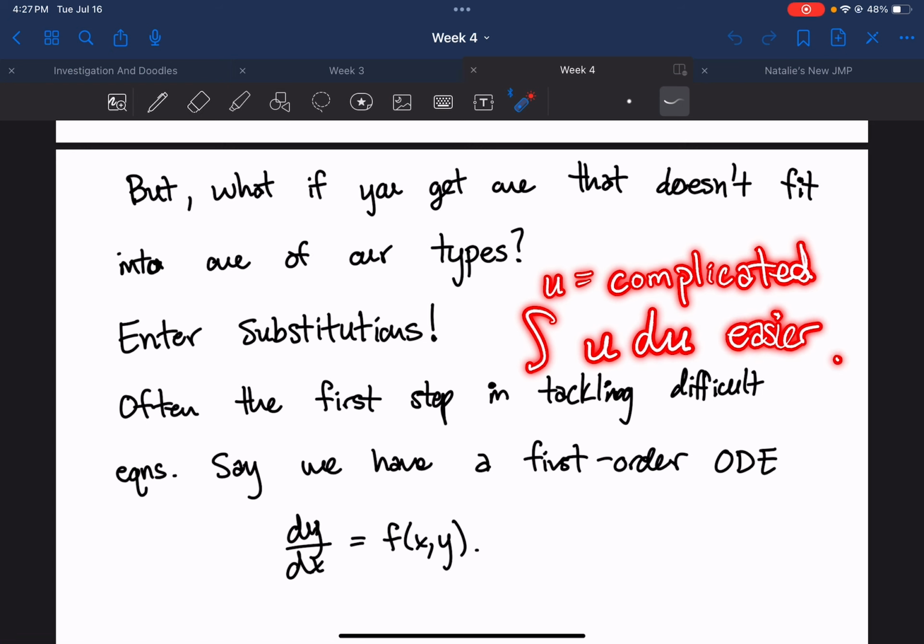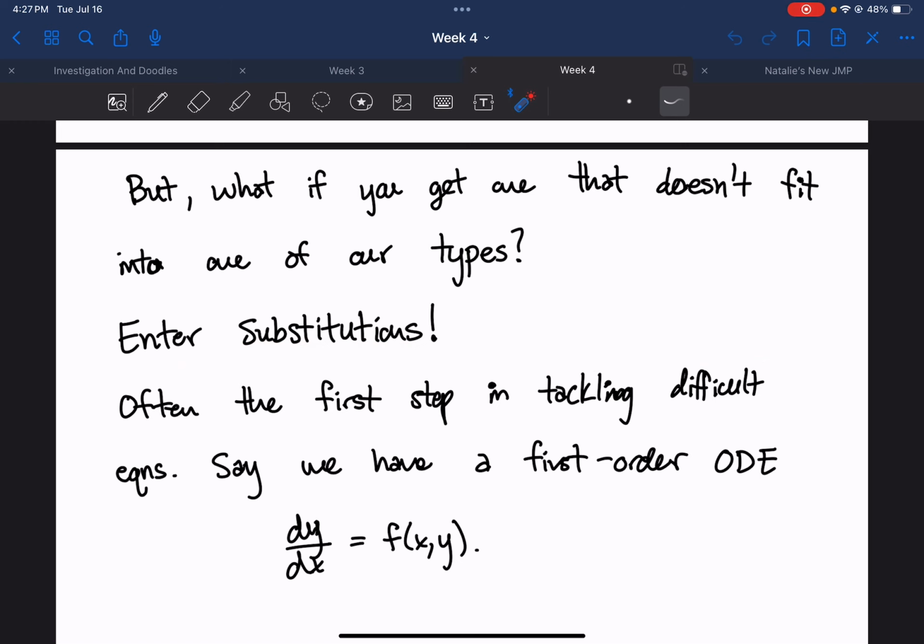So you substitute something complicated for U, which is something easier. And that's the same idea with the substitution in the differential equation setting. We're going to have some complicated expression that we're going to substitute out and have a new differential equation that's simpler to look at and solve. This is often the first step when you're tackling these difficult equations.